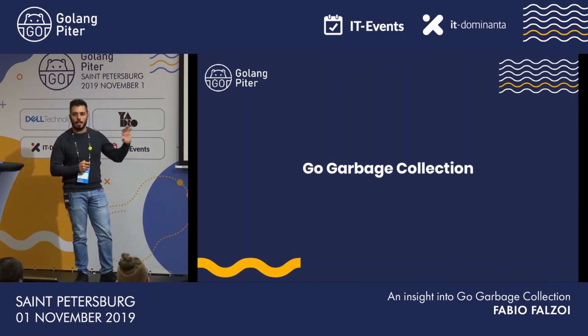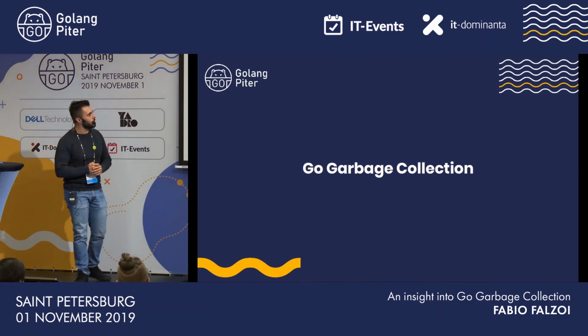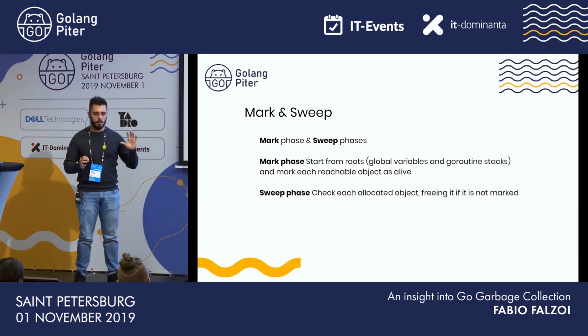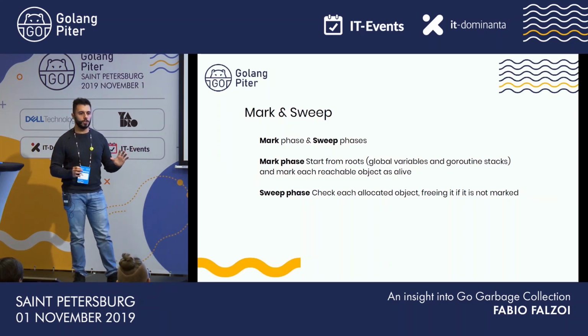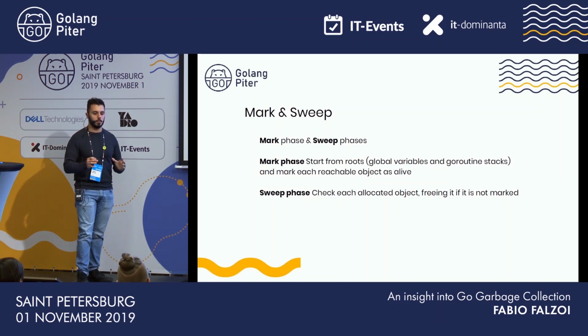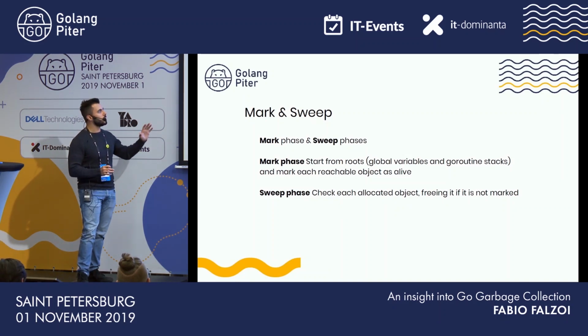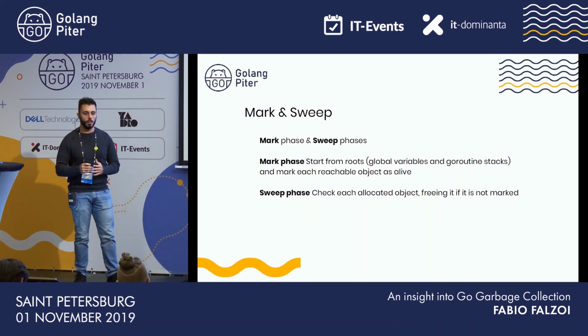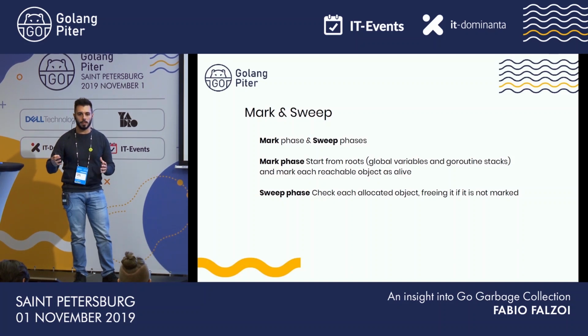Okay, so let's see the inner details of Go garbage collection. First of all, we start from the basics. The basic algorithm for Go garbage collection is the mark and sweep algorithm. It is a simple algorithm divided into two phases. The first one is the mark phase, where you start from the roots, looking for addresses of heap allocated objects.